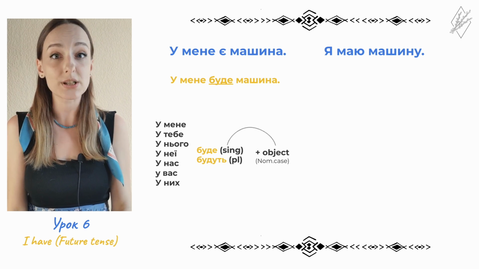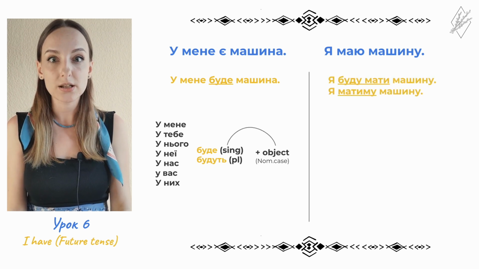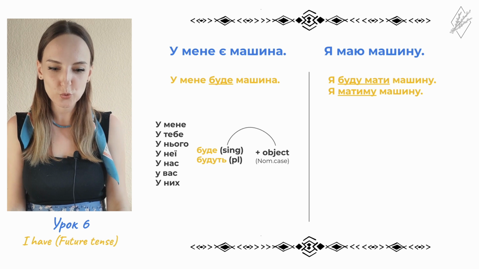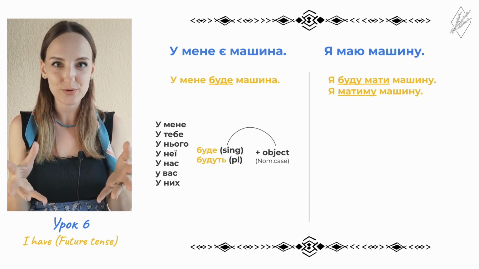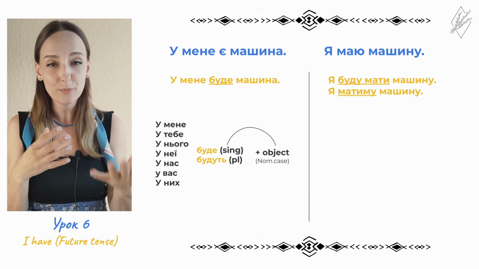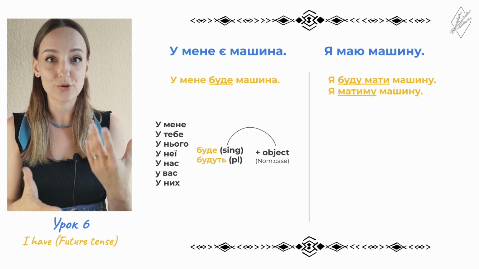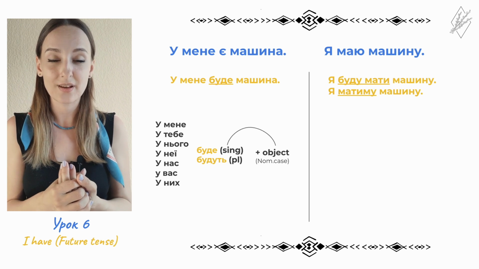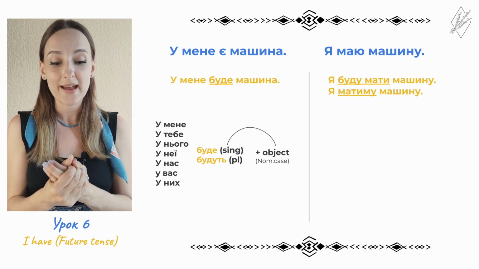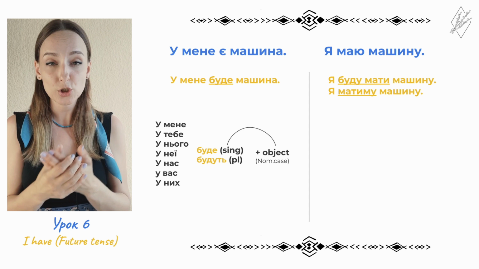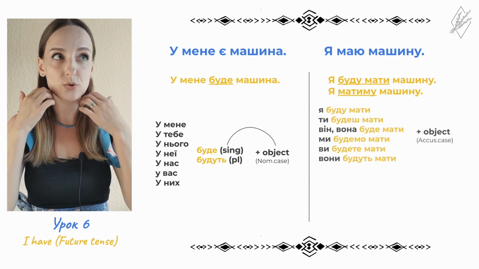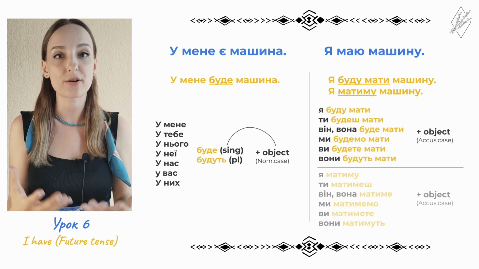Because we have, of course, the second structure. And it even has two possible variants, because in Ukrainian for imperfective verbs we have 2 possible variants of conjugation in the future tense. It's okay to use them, but we use them more rarely.